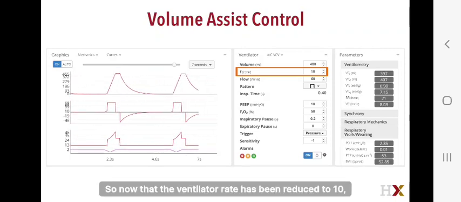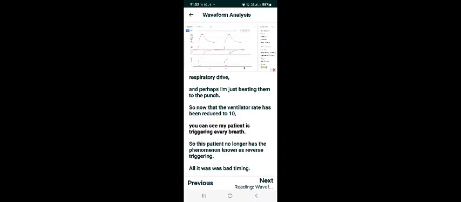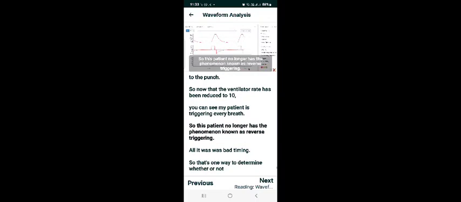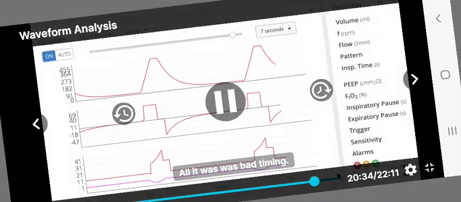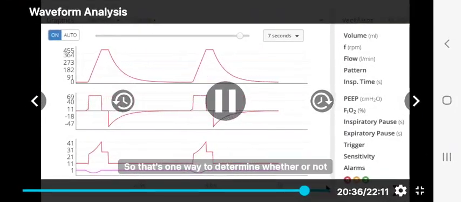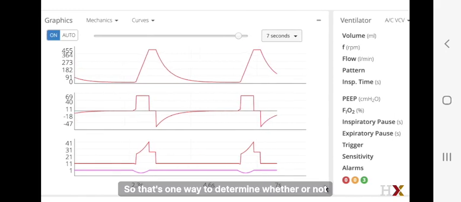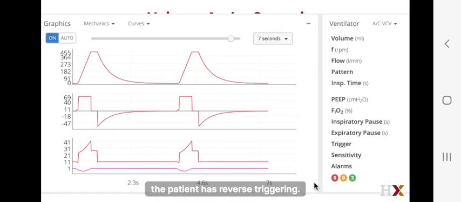So now that the ventilator rate is lower, the patient triggers every breath. So this patient no longer has the phenomenon known as reverse triggering. All it was bad timing. So that's one way to determine whether or not the patient has reverse triggering.